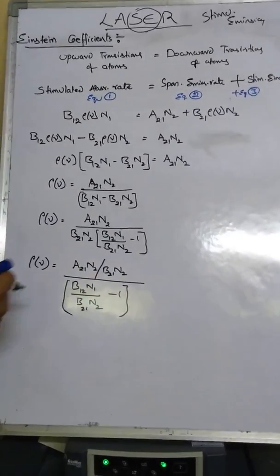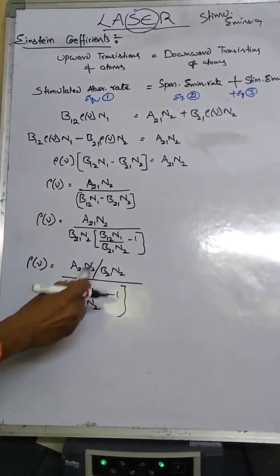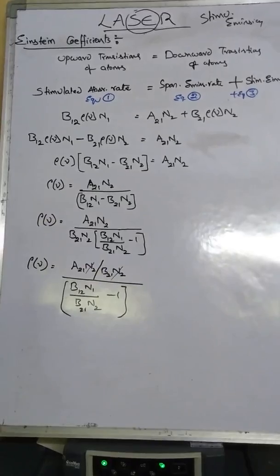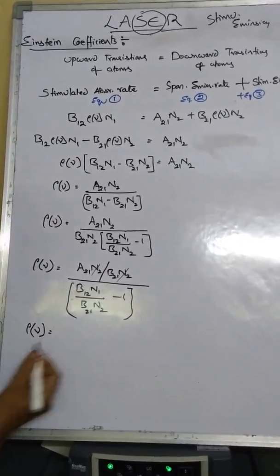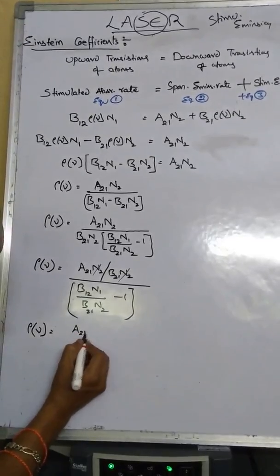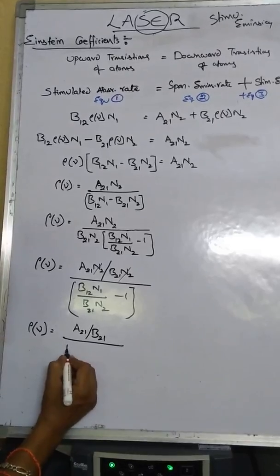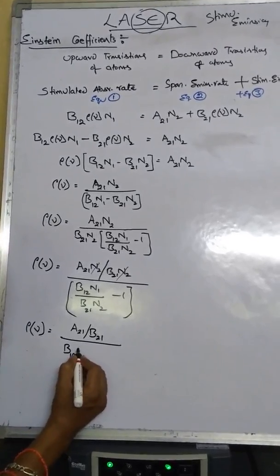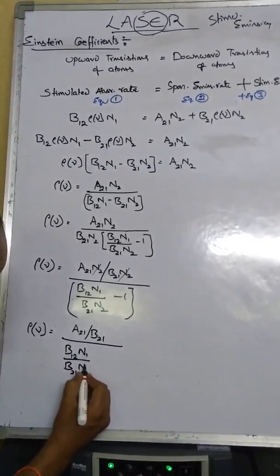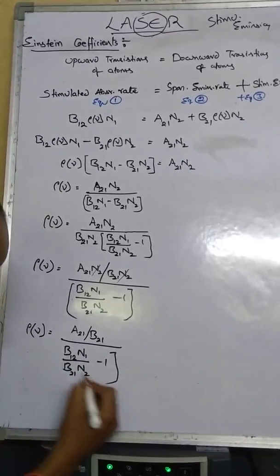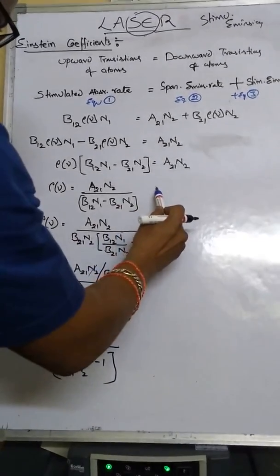Now in the numerator, n2 will get cancelled, and as a result rho nu is equal to A21 by B21 divided by B12 n1 by B21 n2 minus 1. Right? So this is the part here.